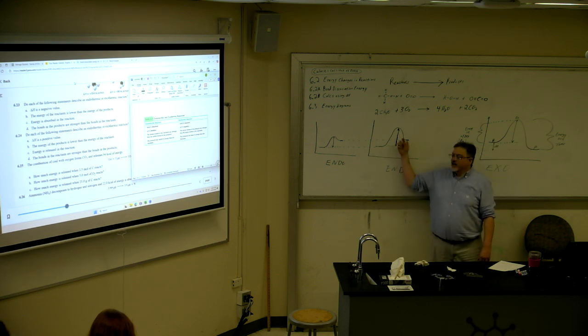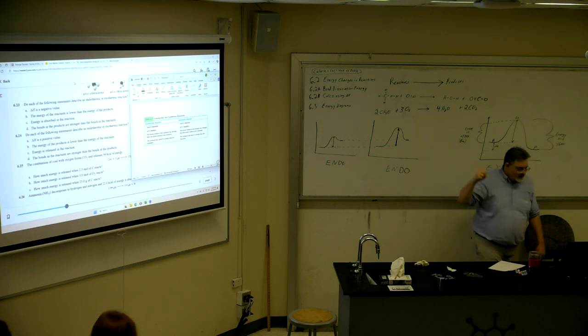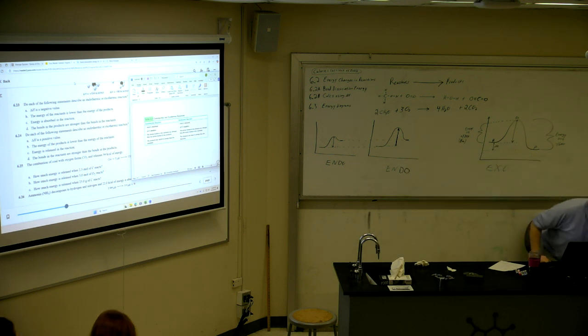Some of the energy that went in stayed in there. So that would be endothermic. If energy is absorbed in the reaction, is that endothermic or exothermic? Endothermic. Bonds in the products are stronger than the bonds in the reactants.